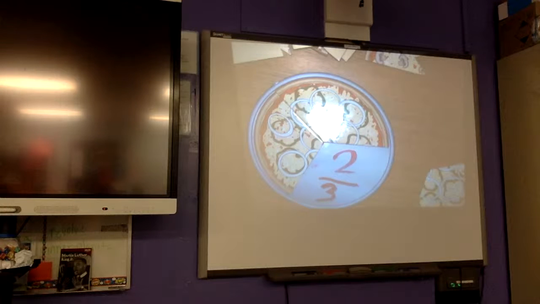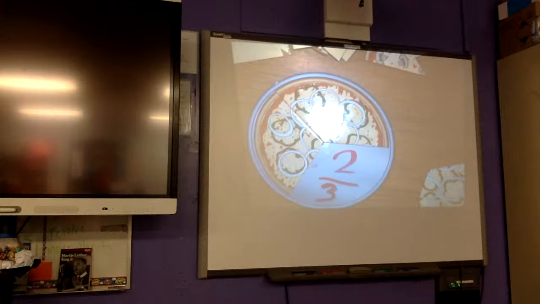Now, same problem. Take all your orange shapes off of your red plate. We're gonna consider your whole red circle as the plate for this pizza, okay? Now, if Miss C ate 2/3 of the pizza, model for me with your shape how much of the pizza is left.